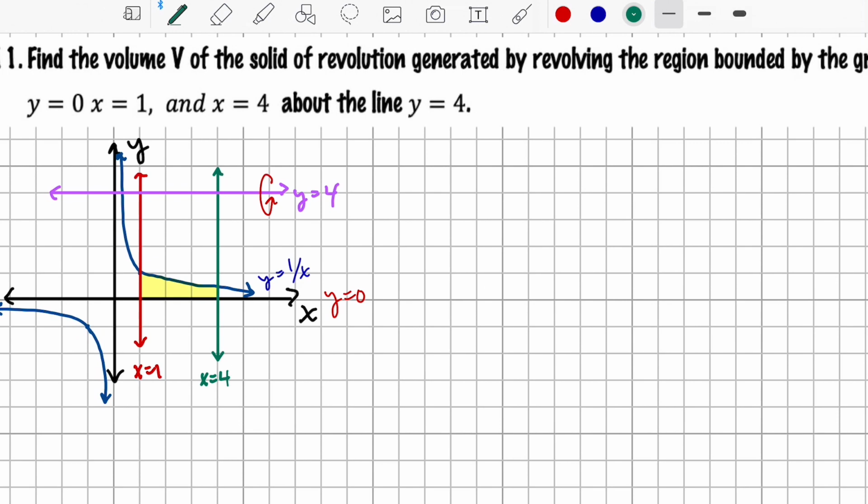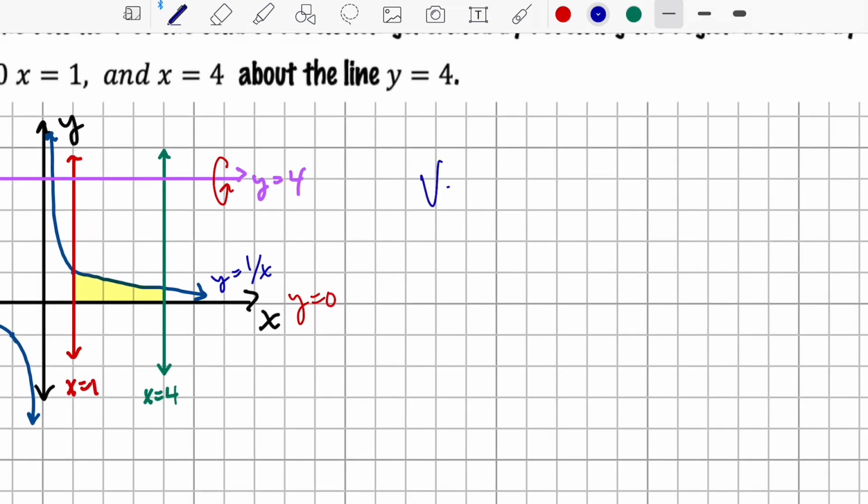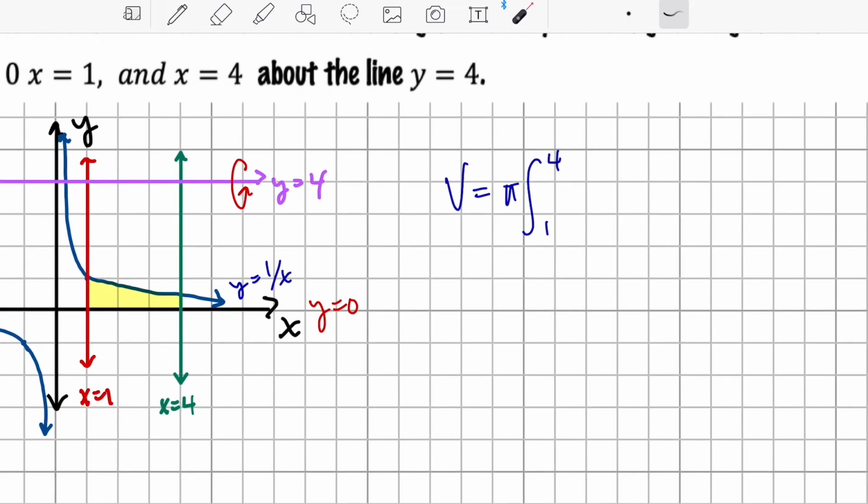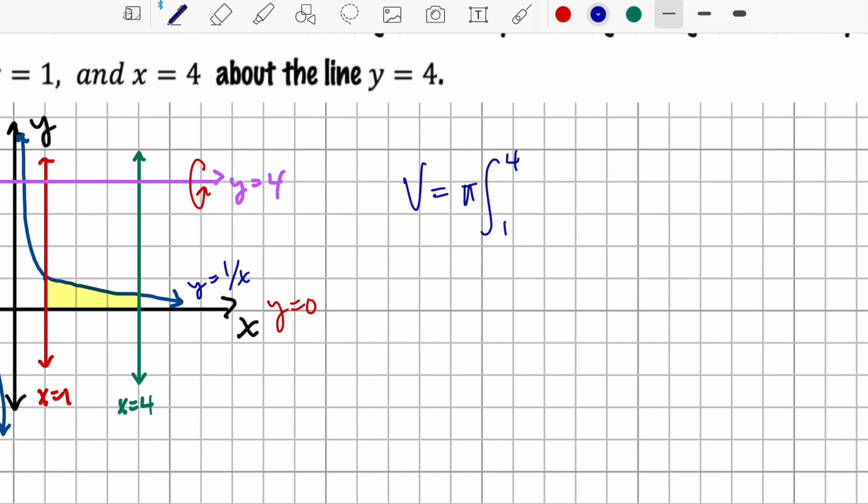So let's set up our integral. And for this one, we're going to use the calculator also. So volume equals pi integral from 1 to 4. So again, it's 4 minus 0. That's the function that is furthest away from the axis of rotation.